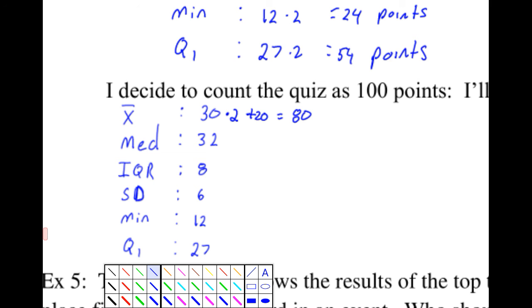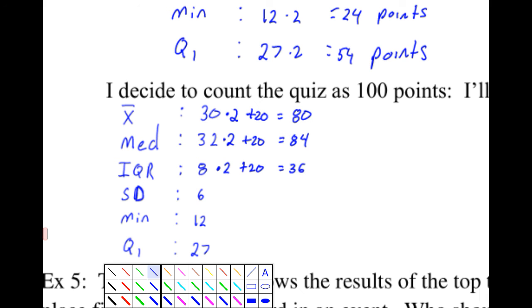For the median, I'm going to multiply by 2, add 20, and we get 84. Okay, IQR. I'm going to multiply by 2, add 20, and we get 36.